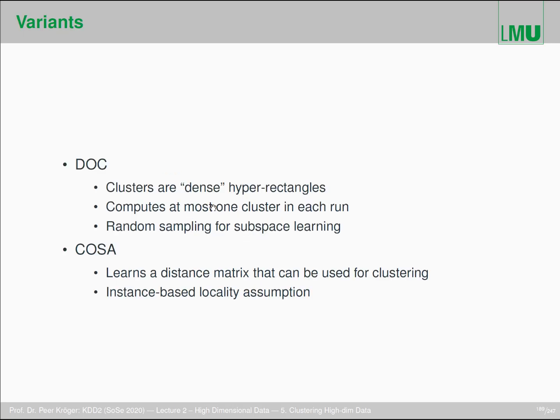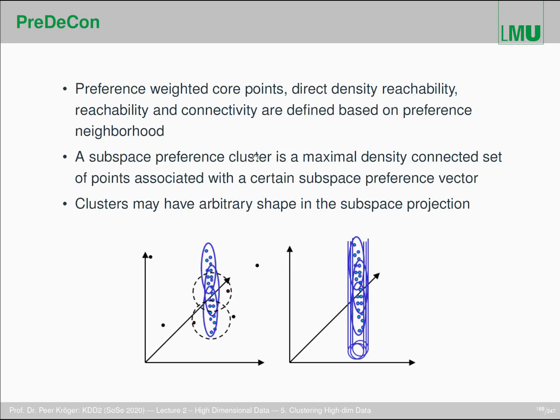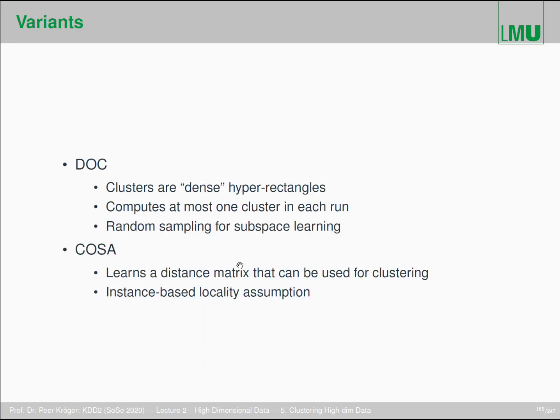Well, DOC does not use locality assumption because it uses random sampling, but COSA and PreDeCon learn this subspace preference of points. So the weighting vector or the distance matrix for adapting the distances, they learn that from the local neighborhood of points in the entire feature space.